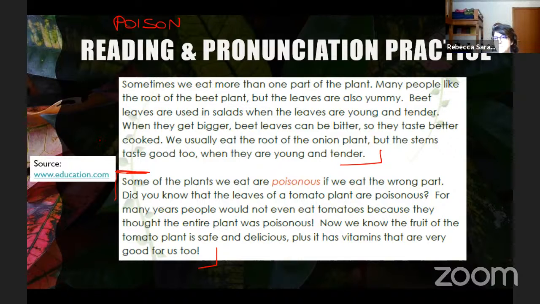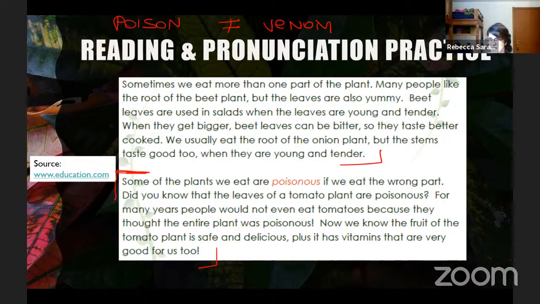One thing is poison, and if it's an adjective, it becomes poisonous. So poisonous means that it contains poison, basically. A similar but different thing would be venom, and the adjective becomes venomous as well.